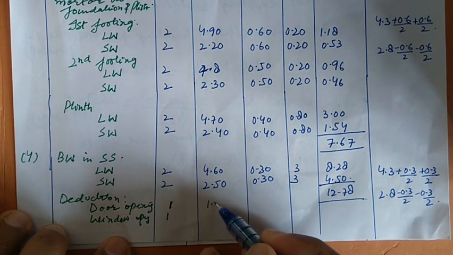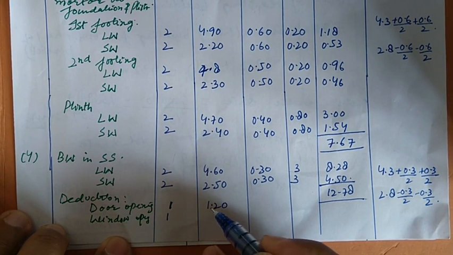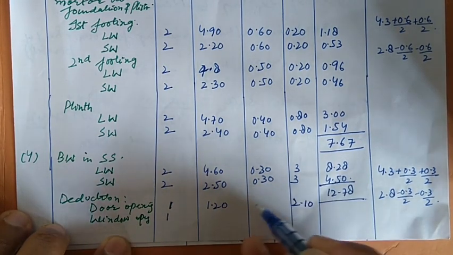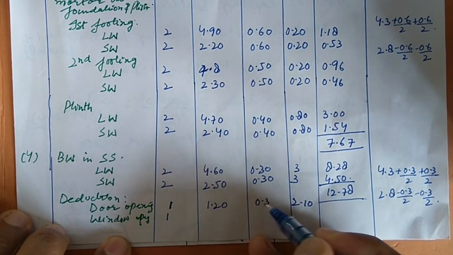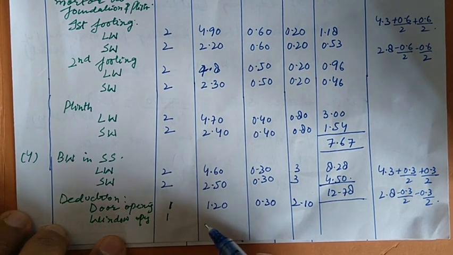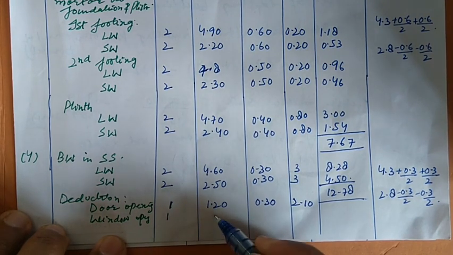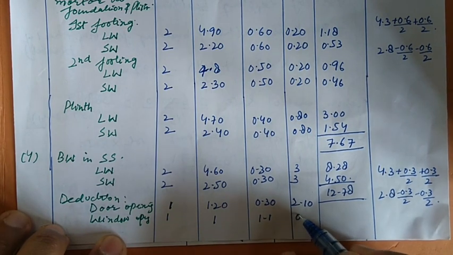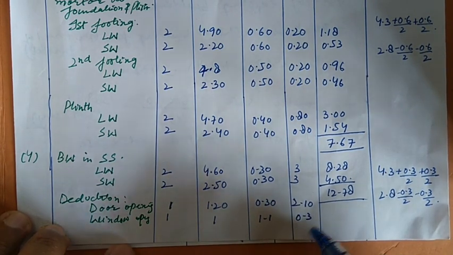The door opening is 1.20 in length, and in height it is 2.10, and for breadth it will occupy the space of the wall, that is 0.30. Similarly for the window, the dimensions are given, it is 1 in length and 1.1 its breadth, and for the depth it will take the 0.30.